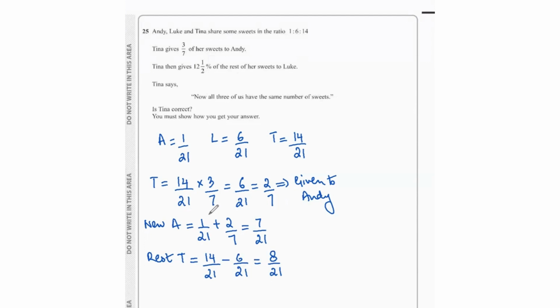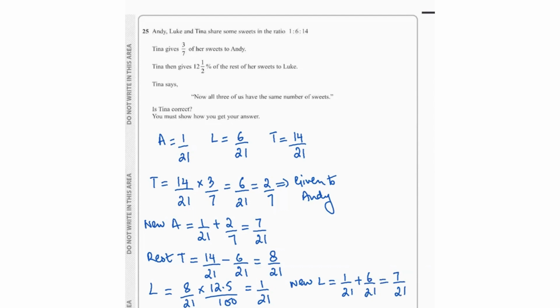So now she's giving 12.5% of the rest of the sweets to Luke. Luke is going to be 8/21 times 12.5/100, which is going to give us 1/21. So the new number for Luke is going to be 1/21 plus 6/21, which is 7/21.